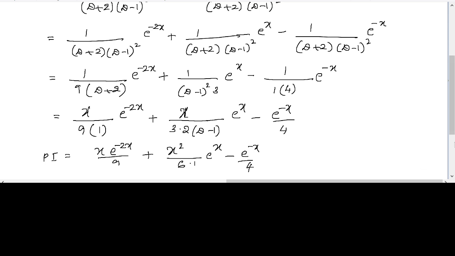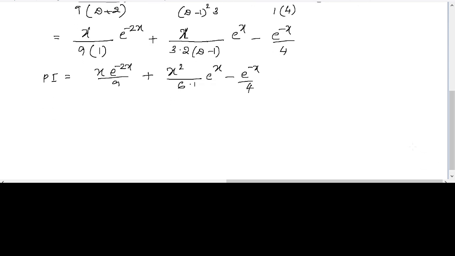After getting the complete PI, we need to add this PI with the CF. The complete solution is therefore given by complementary function plus particular integral.